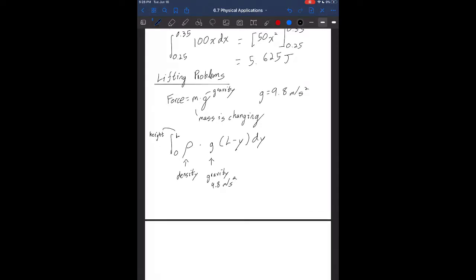This L minus y times the rho is going to give us the mass of whatever we have left. So density is a mass over, in this case, meters, and this L minus y is going to be meters, so that's going to leave us with the mass. So this force equals mass times gravity does line up with our new integral formula for this.